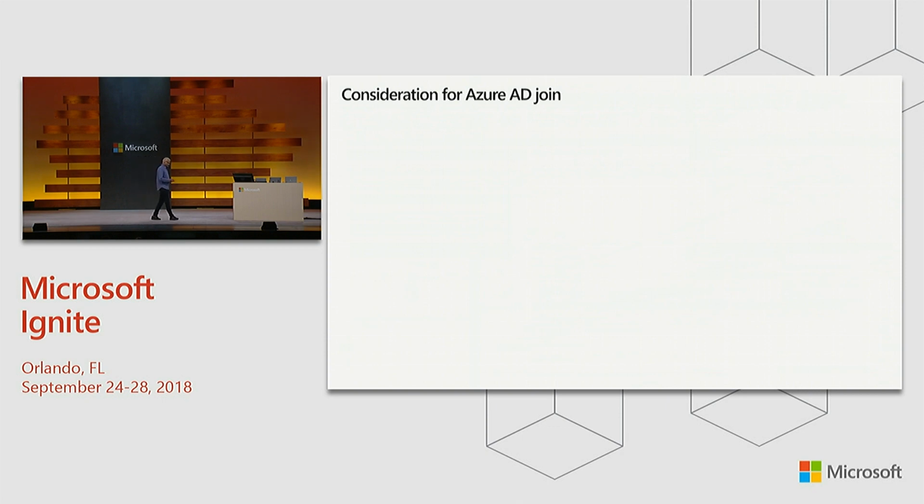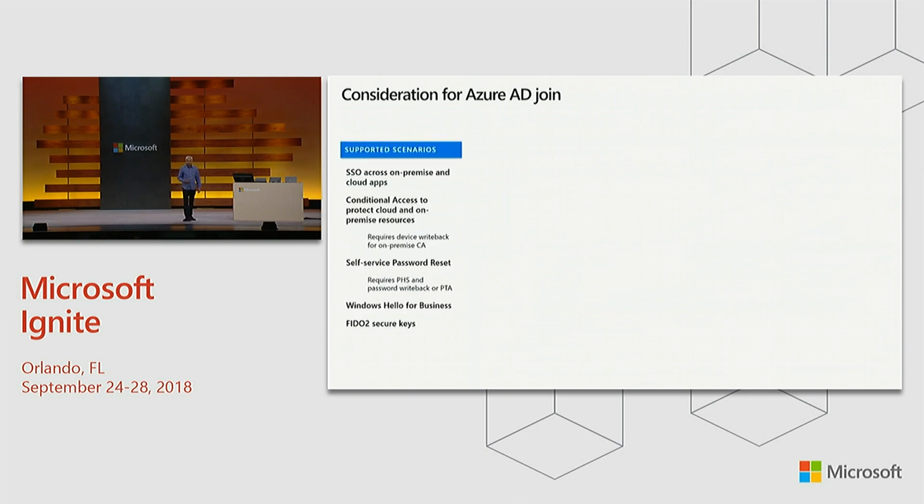Just a few considerations when you decide to do Azure AD join. In the supported scenarios, you get SSO across both on-premises and cloud applications. You get to leverage conditional access if you have an Azure AD P1 license.